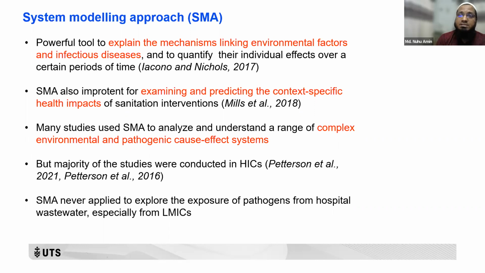Many studies use system modeling to analyze and understand the complex environmental and pathogenic cause-effect system. But most of the studies have been conducted in high-income countries rather than low-income countries. And we didn't find any system modeling approach implemented in hospital facilities to understand the exposure and how people get infected.